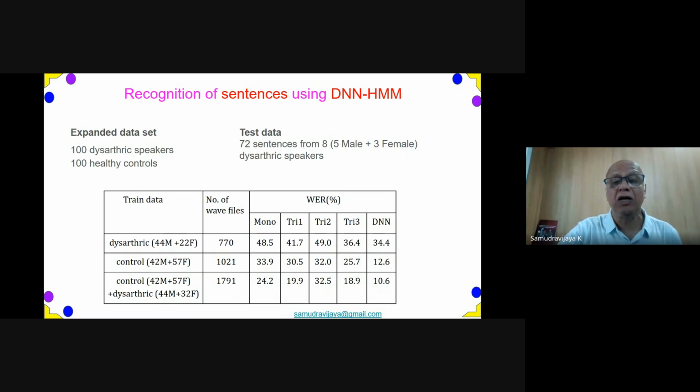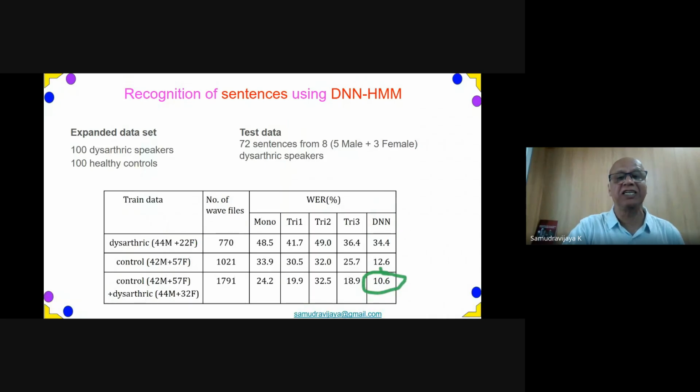And second, it's good to go to sophisticated models if you have more data. So the lowest word error rate was 10%, when the model was trained with all the speakers' data and DNN was used.